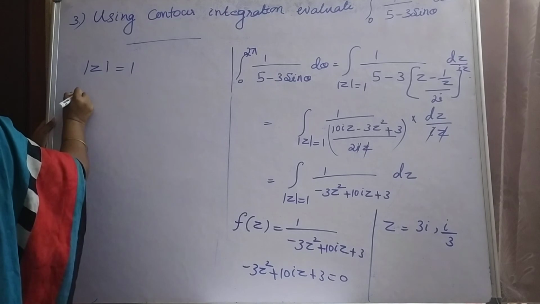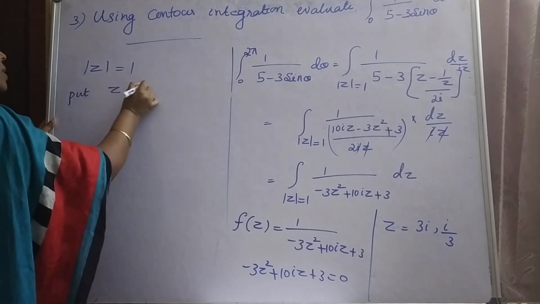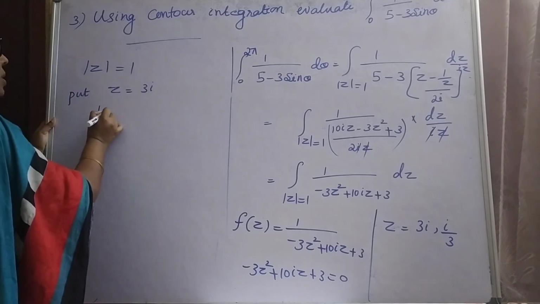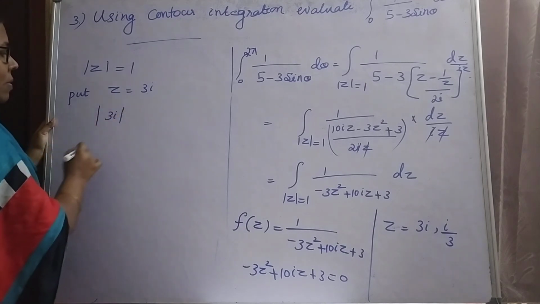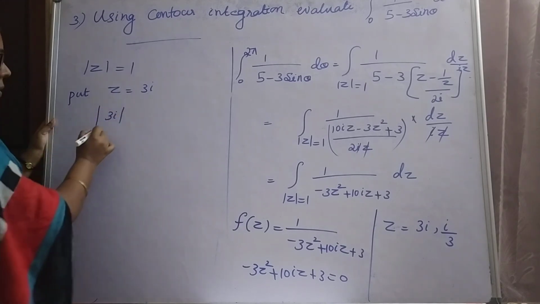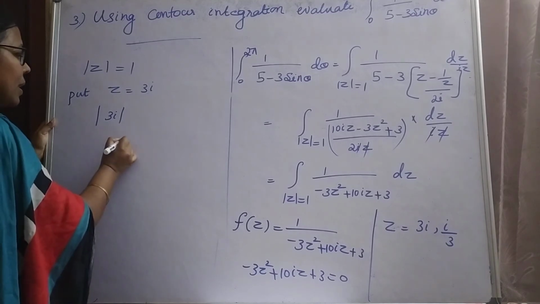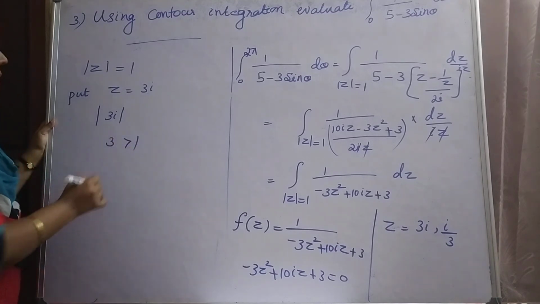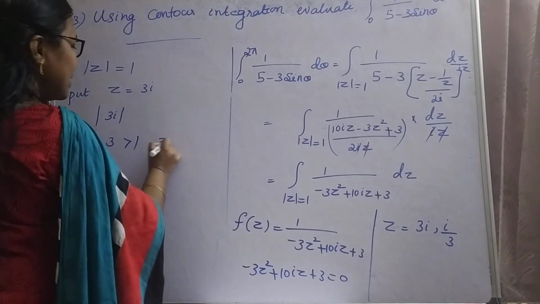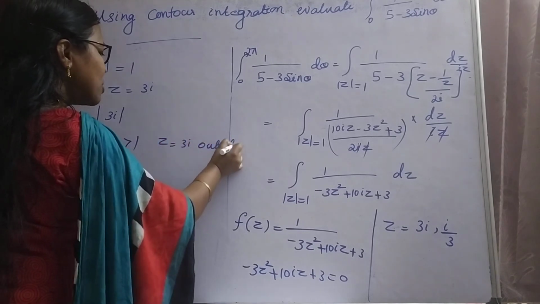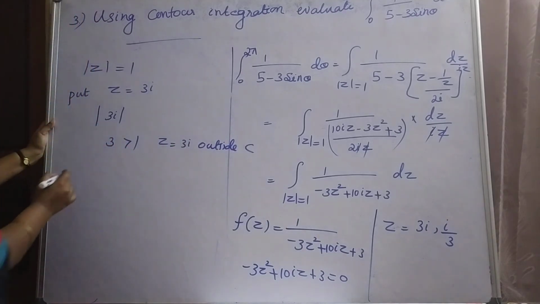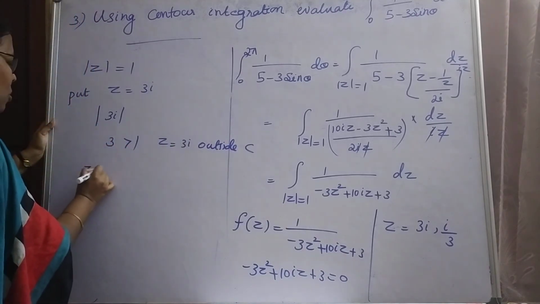Here put z equal to 3i, which is mod 3i. What about mod 3i? It is 3, greater than 1. Z equal to 3i lies outside the contour C. Then what about z equal to i by 3?